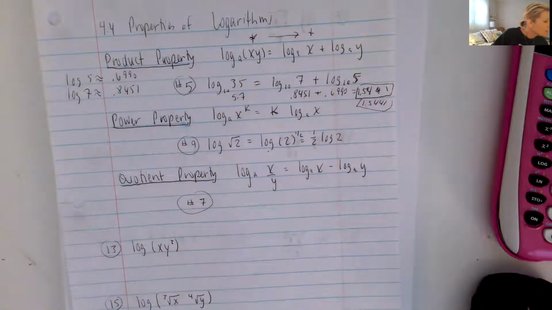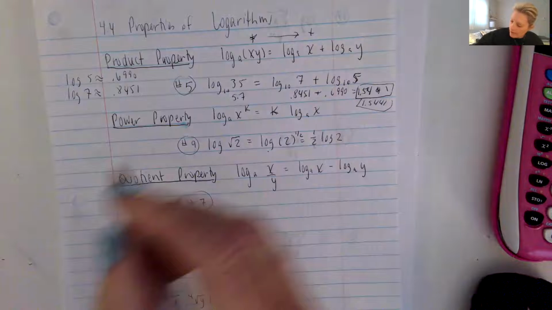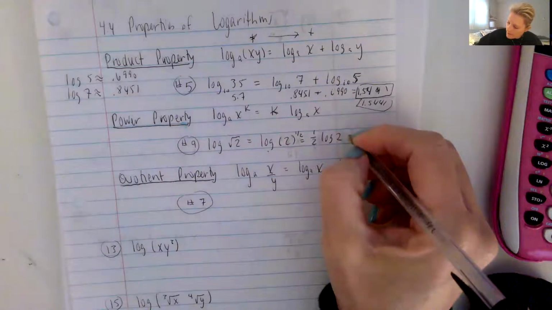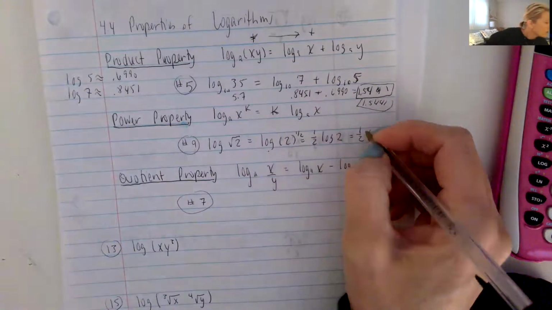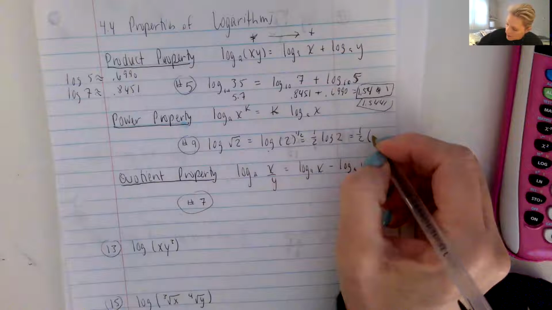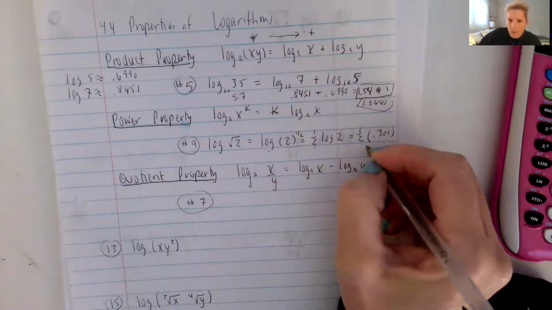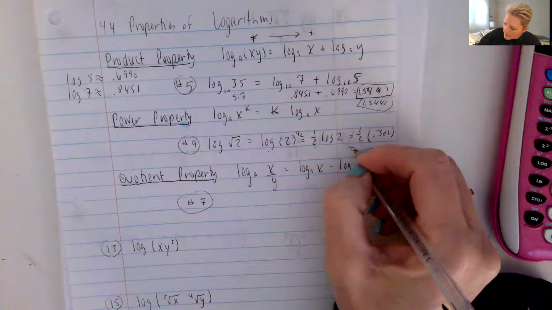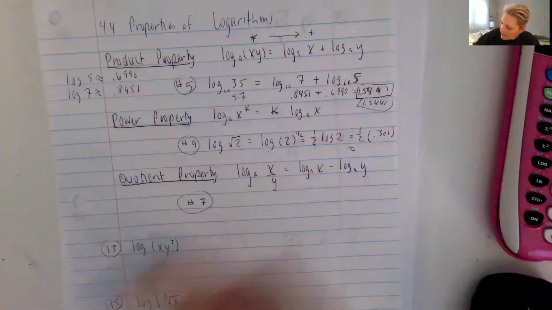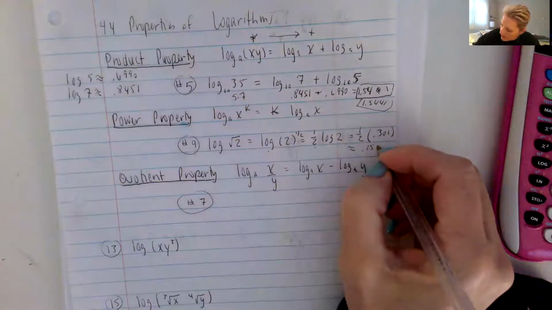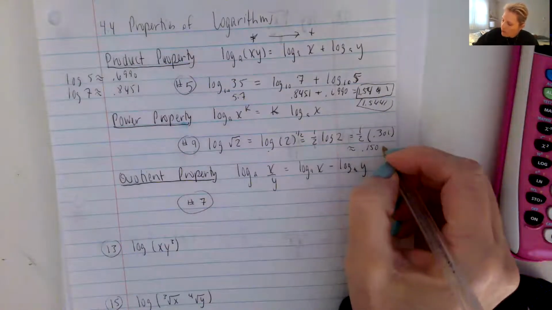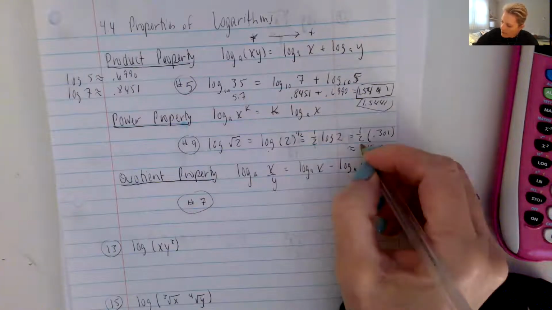And the log of 2 they gave us is approximately 0.301 there in the book. And so 1/2 of 0.301 is approximately 0.15005.